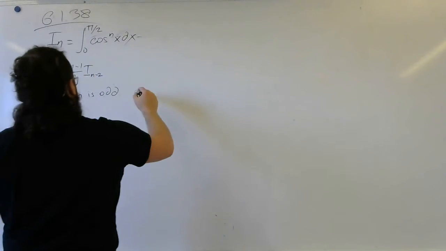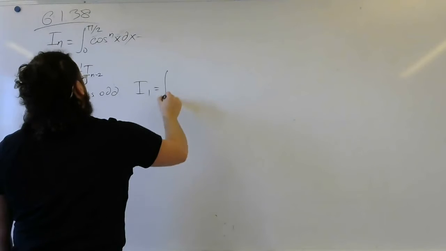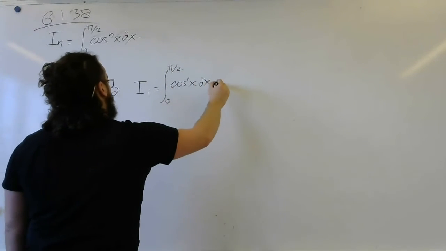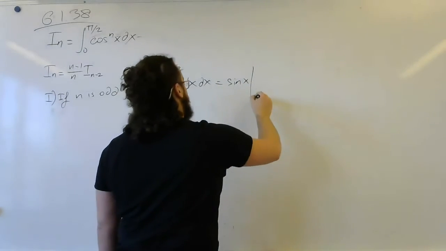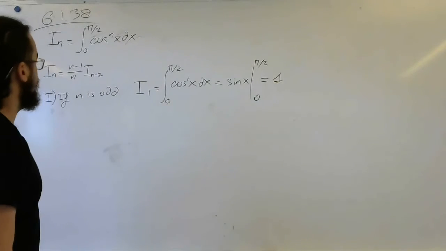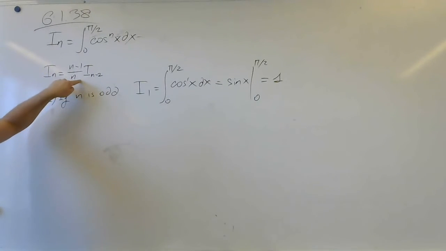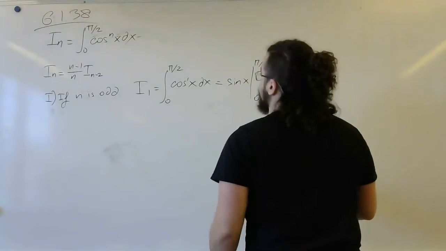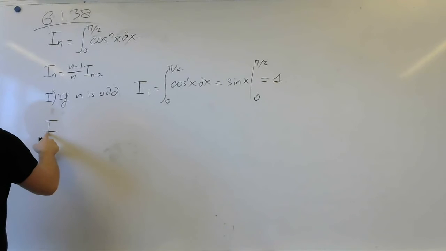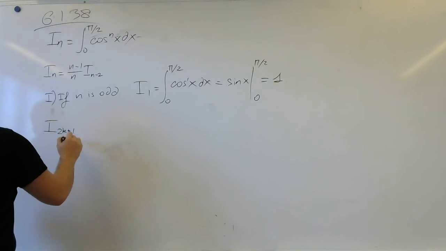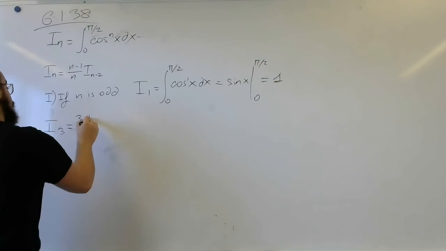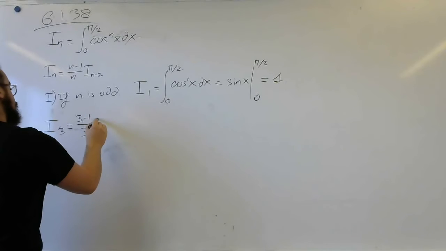In order to do that, I'm going to calculate I sub 1, which is the integral from 0 to pi halves of cosine of x to the power 1. This is the sine of x between 0 and pi halves, and this is no other than 1. From here, I can use this recursive equality. So I3 is 3 minus 1 over 3 times I1.